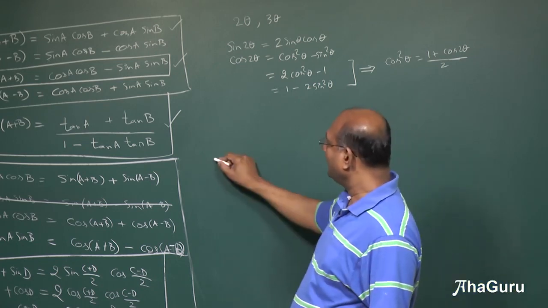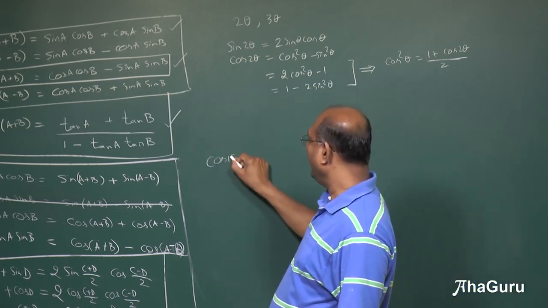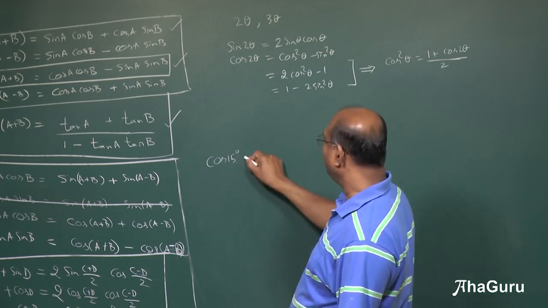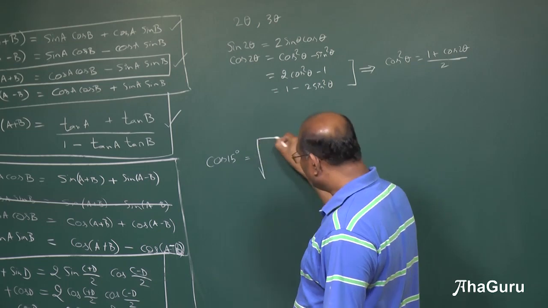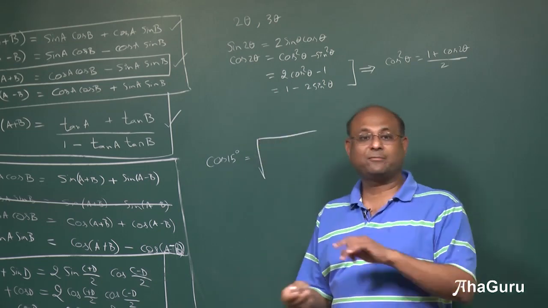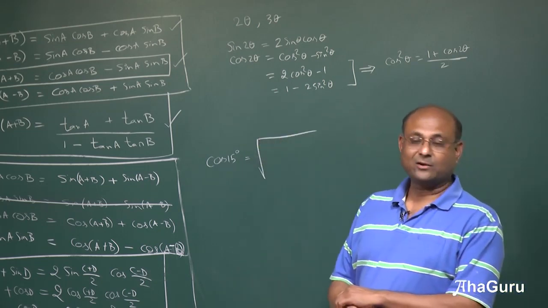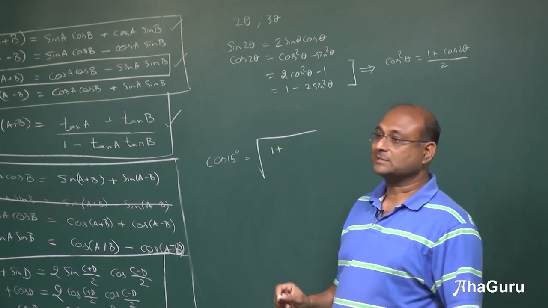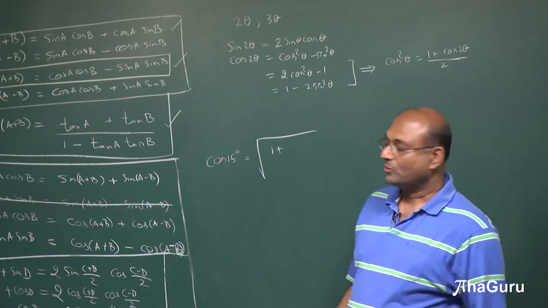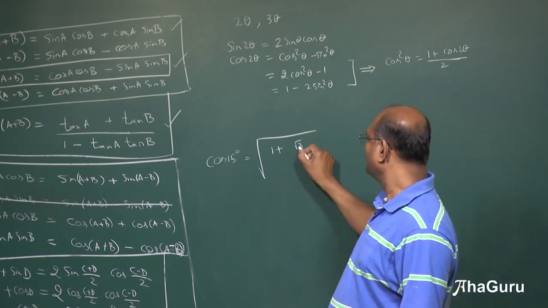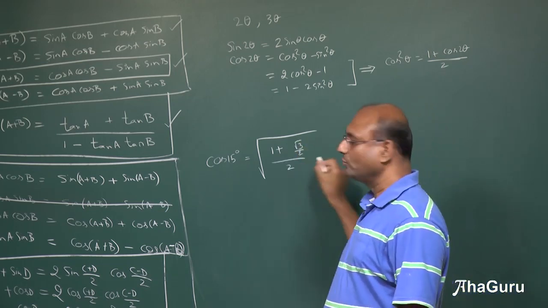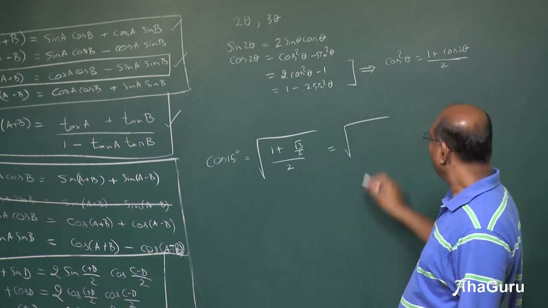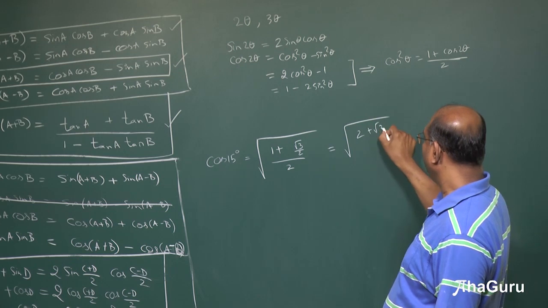So for example, if somebody asks me, hey, tell me cos 15 degrees, I will immediately say it is root of cos square 15 degrees. And cos square 15 degrees is 1 plus cos 30 degrees by 2. Cos 30 degrees is root 3 by 2, by 2. So therefore, it is root of 2 plus root 3 by 4.